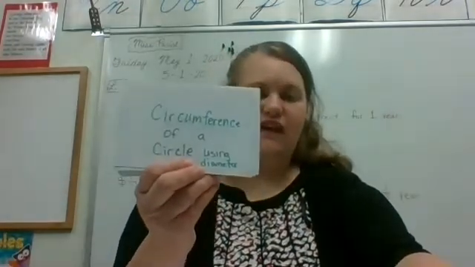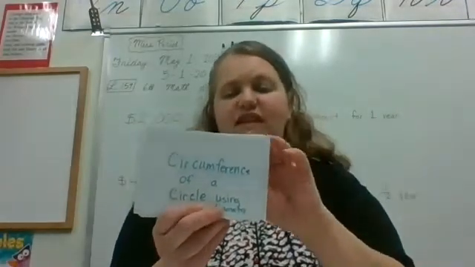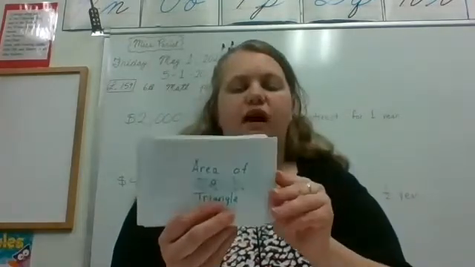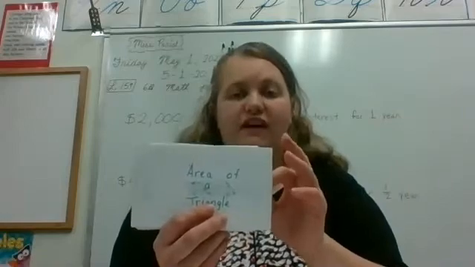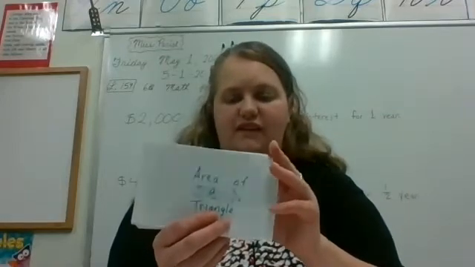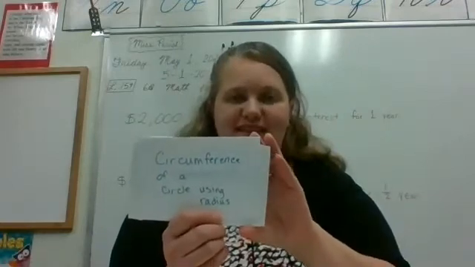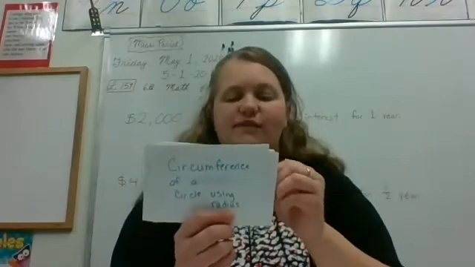Circumference of a circle using diameter? C equals pi times D. What about the area of a triangle? A equals 1/2 times B times H, base times height. Okay? Circumference of a circle using radius? C equals 2 times pi times R.